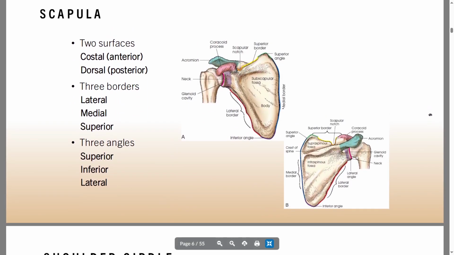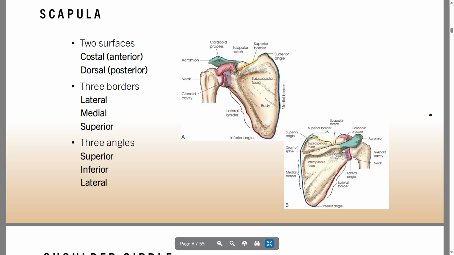And here's an image that shows that. We can see spine of the scapula continuing on to become acromion here at the more distal end. And it separates the two fossae that are posterior. The supraspinous fossa, supra meaning above, so above the spine, and infraspinous fossa, infra meaning below, so below the spine of the scapula.